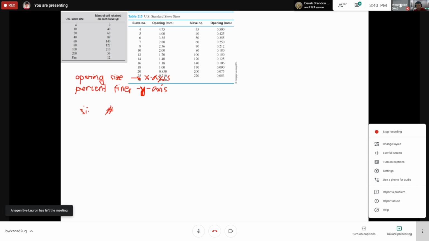Sieve number: 4, 10, 20, 40, 60, 80, 100, 200, and the pan.